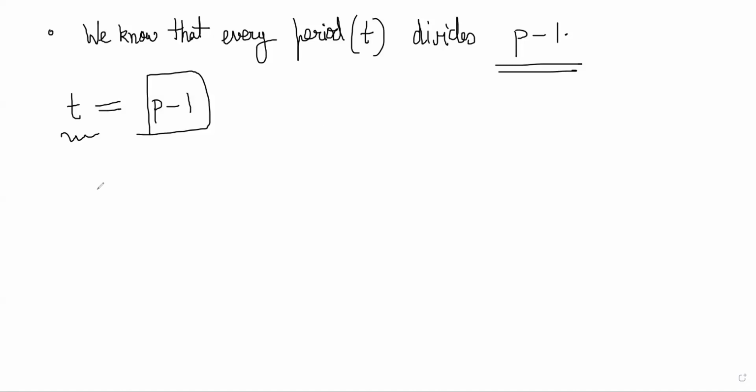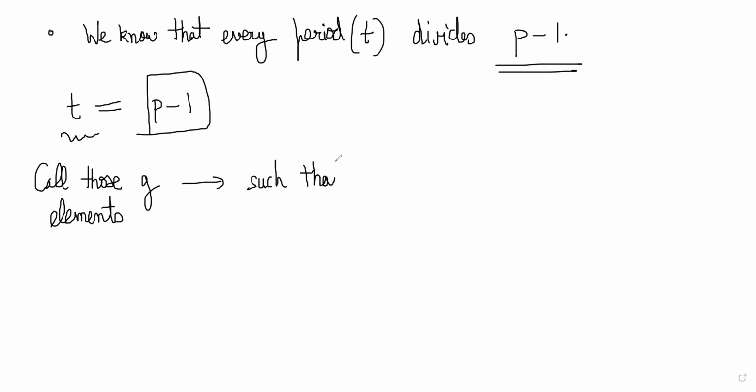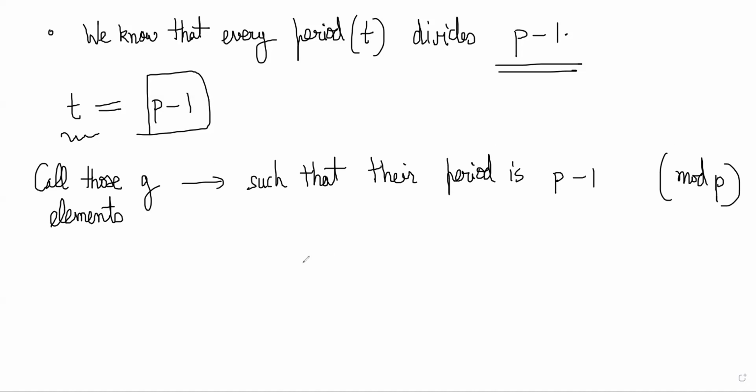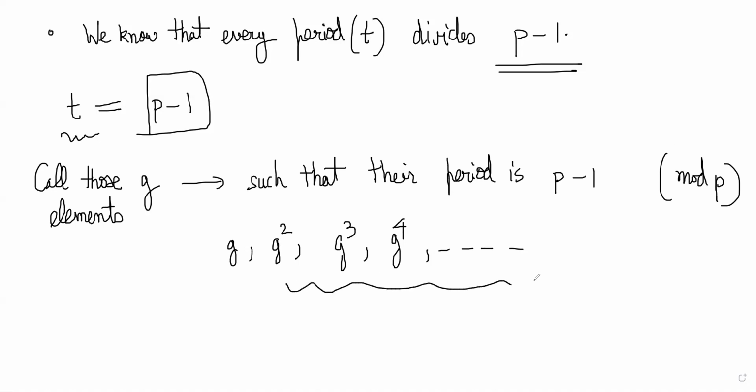Let's call those elements g, such that their period is p minus 1 mod p. What that means is g, g square, g cube, g power 4, none of them will be equal to 1 mod p. It will be equal to 1 mod p only when you reach g power p minus 1.